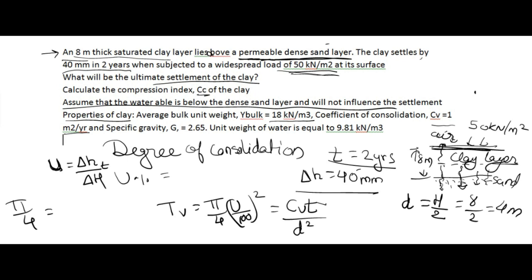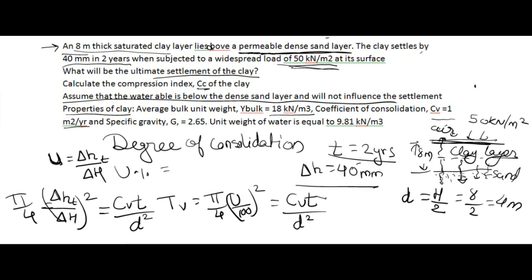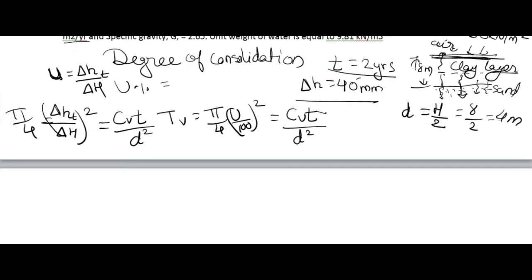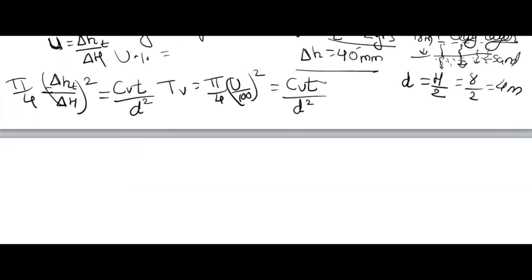So we can write pi by 4 multiplied by delta h at a certain time t by total delta h, whole square, is equal to Cv t by d square.